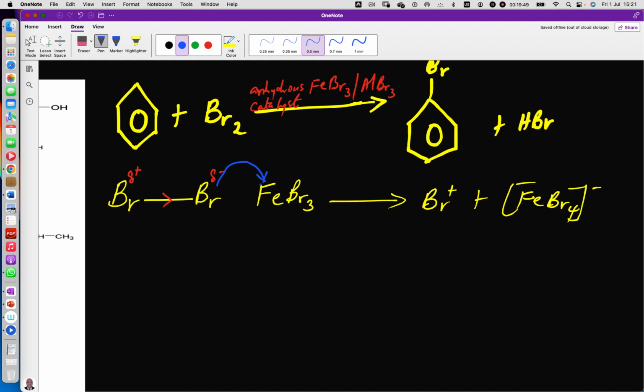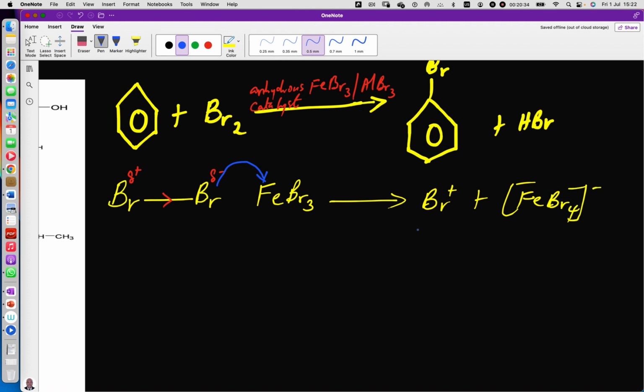Once more, the electrophile is generated by bromine forming a dative covalent bond with the iron 3 bromide, one of the bromine atoms donating a lone pair into the empty 3d orbital in the iron. This draws electrons from the other bromine atom left here, giving it a partial positive charge, which results in the bromine being an electrophile.